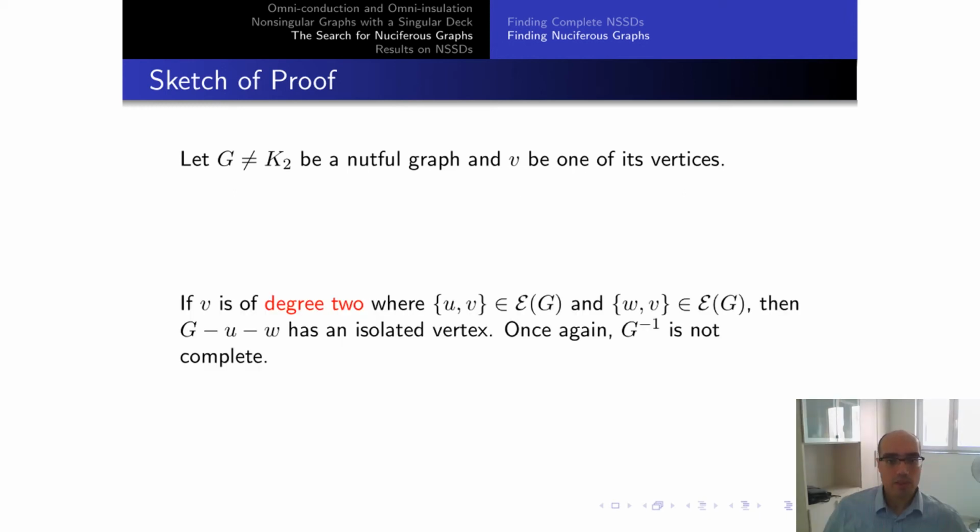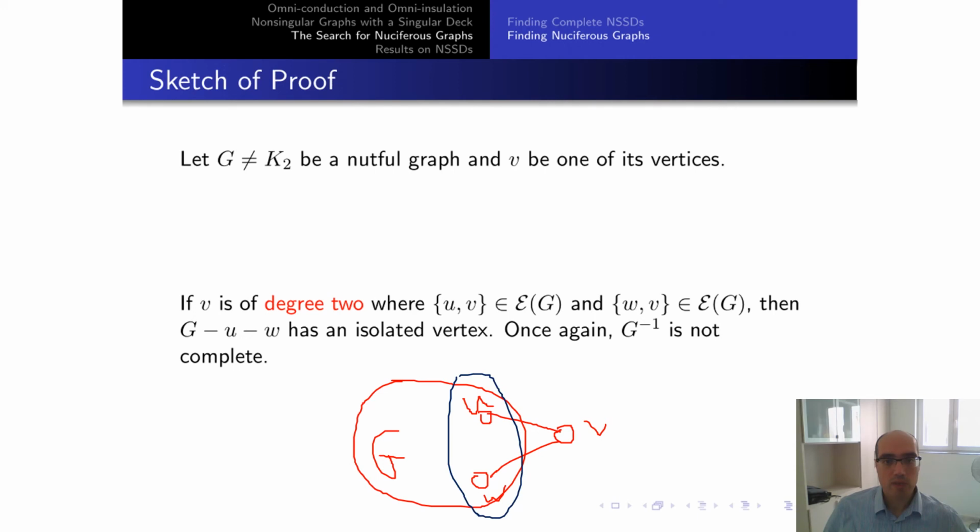Now suppose V is of degree 2. So once again, let's draw something. We have the graph G, and V has degree 2. So we have vertex V here that is connected to 2 other vertices. Let's call them U and W. Now, if we immediately remove U and W, once again, we end up with the same thing.